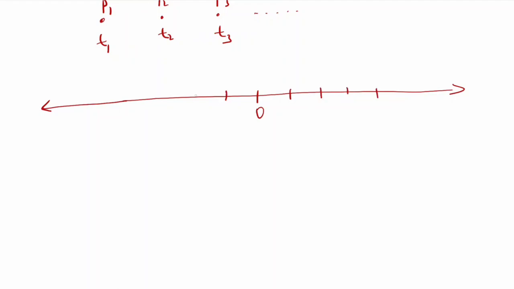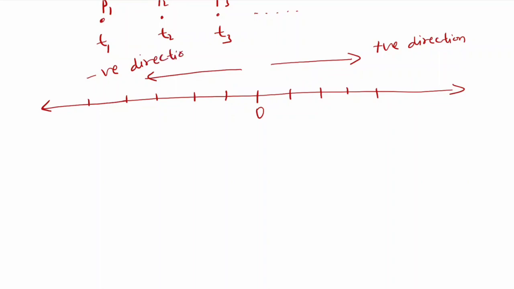On the x-axis, the motion towards right is said to be in the positive direction, and the motion towards left is said to be the motion along the negative direction. This is the convention, and the unit here is meters.